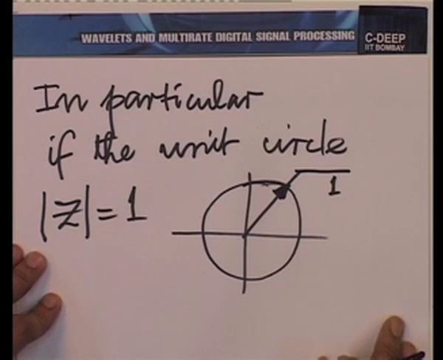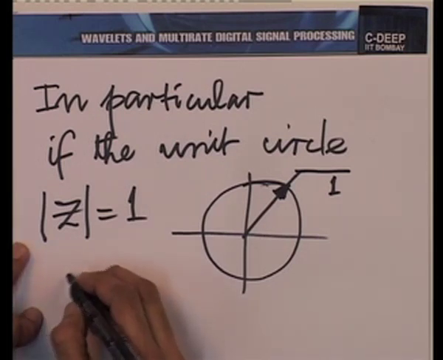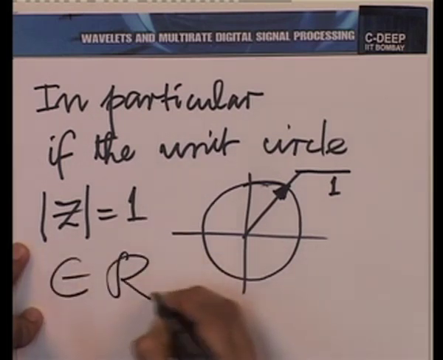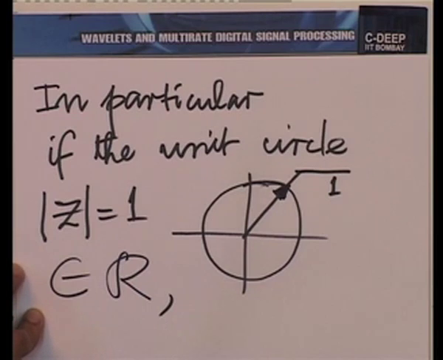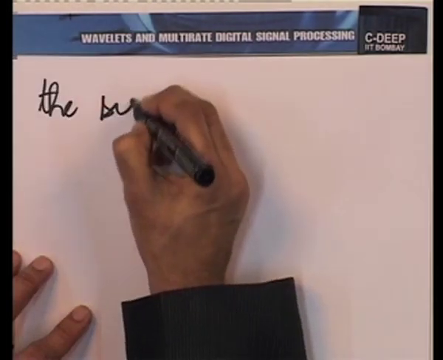So, if the unit circle is included in R, then we have a frequency response for the system. The system has a frequency response.